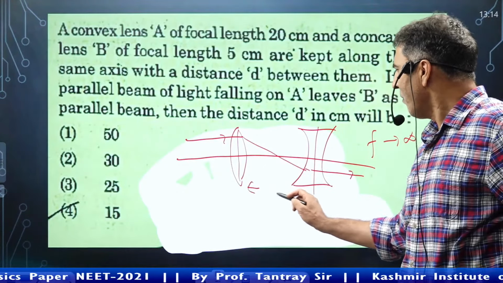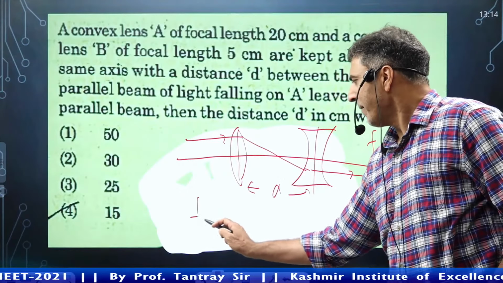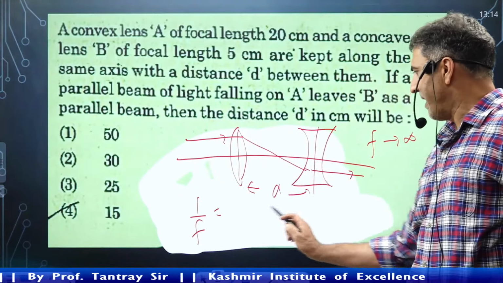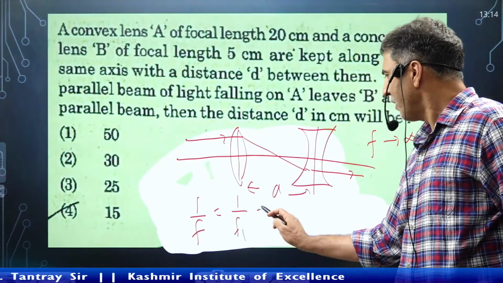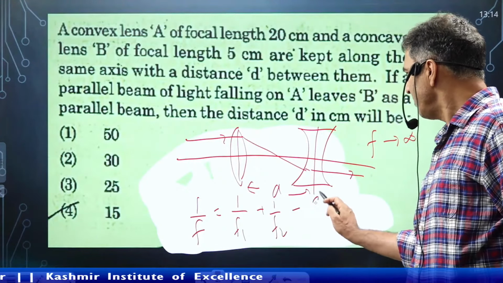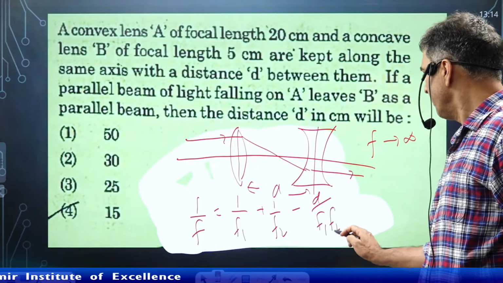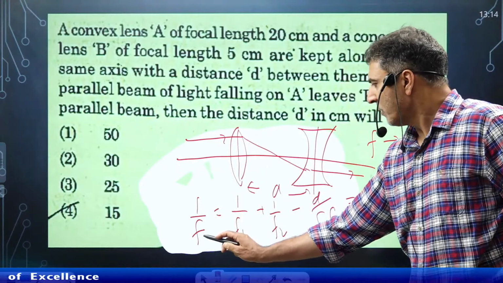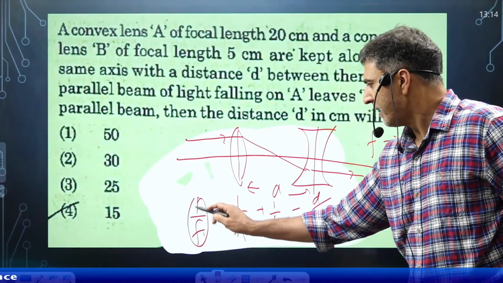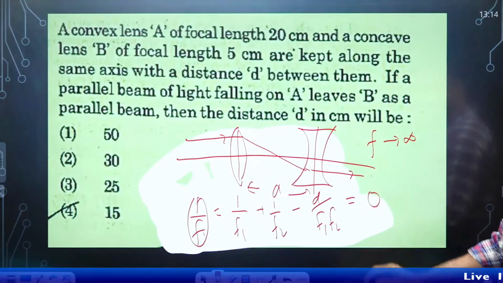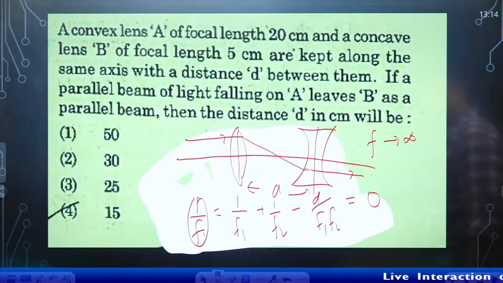What we know is 1 by focal length of the whole combination is 1 by f1 plus 1 by f2 minus d by f1 f2. It is the total focal length, that is infinity. So 1 by infinity becomes 0. If you solve this, it will take a while. Okay, I will solve it for you.